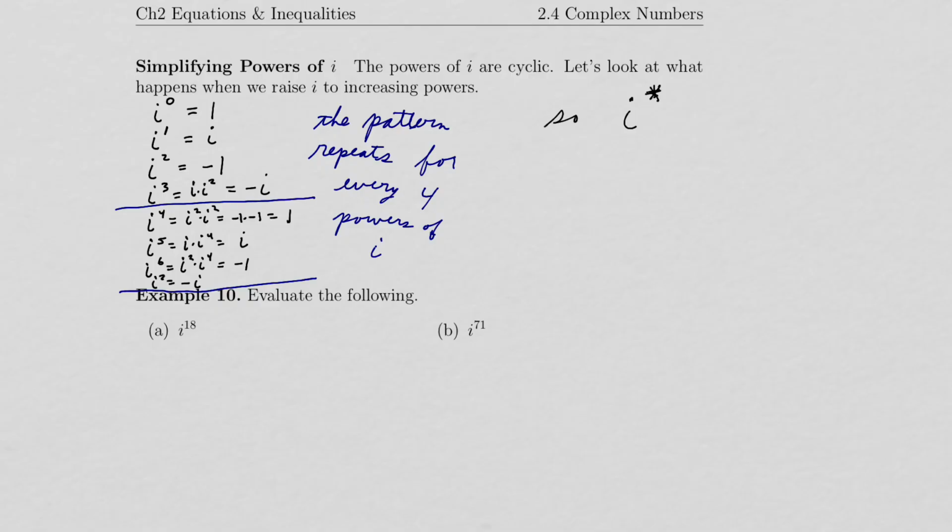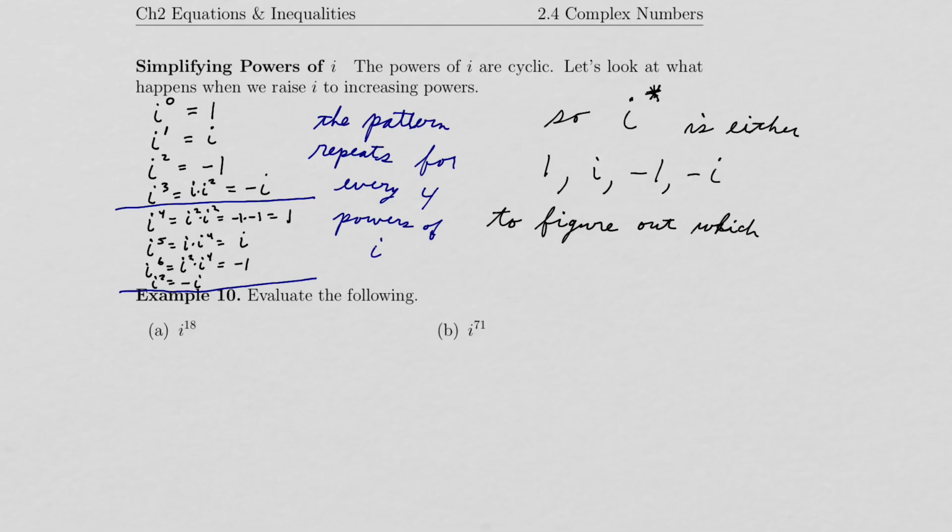So that i raised to some power is always either going to be 1, i, negative 1, or negative i, right? Because the powers repeat. So to figure out which, what we have to do is we basically divide the exponent by 4 and just look at the remainder.